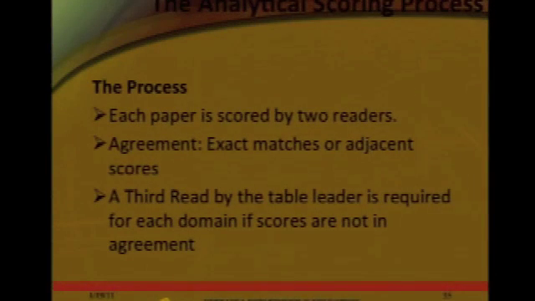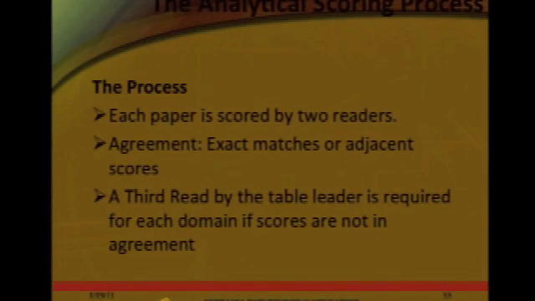Then each paper, if you look at the next slide, each paper is scored by 2 readers, just as it has before. And we look at agreement this time. We want exact matches or adjacent matches. And that's just like what we did before. You either have to have 2 4s or 3 to 4 or whatever.